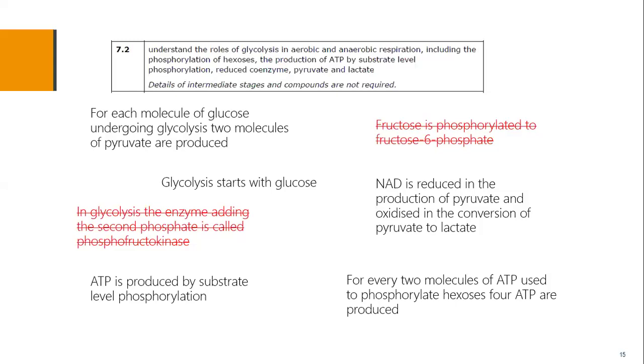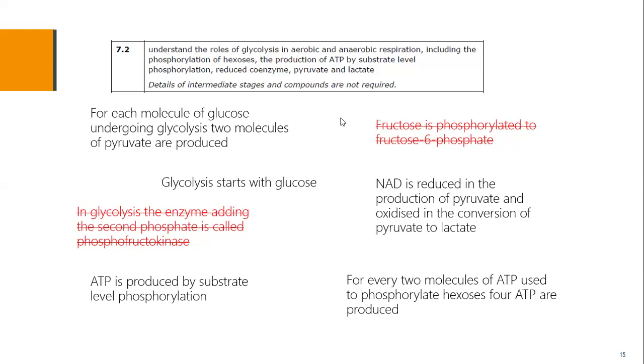The topic goes on to talk about Krebs cycle and the electron transport chain, but this specific statement is about glycolysis, and it specifies phosphorylation of hexose, the production of ATP, reduced coenzyme, pyruvate, and lactate.